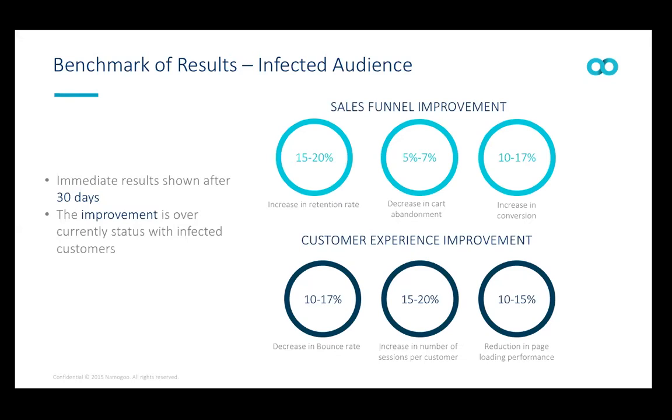So these are the results that we achieved, as mentioned, after a 30-day POC, when we compare infected customers that we are protecting to infected customers that we are not protecting as part of this proof of value. But the interesting thing is that this improvement is not just for 30 days, after which it slows down.